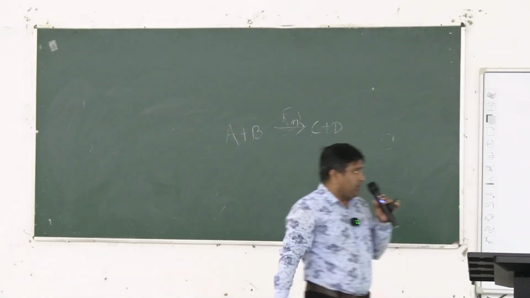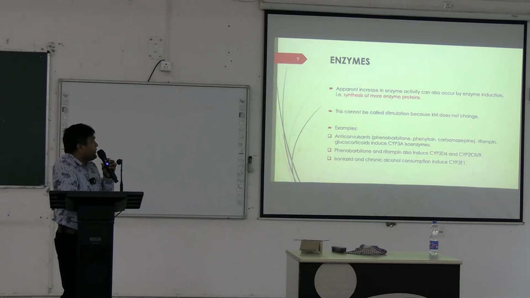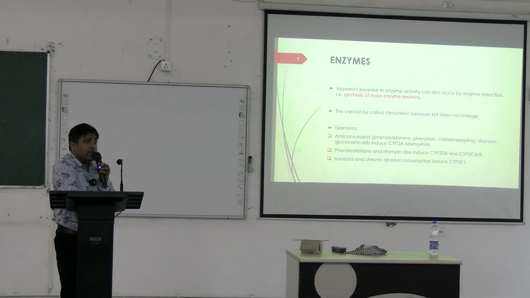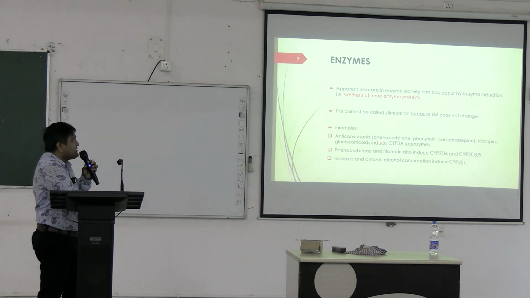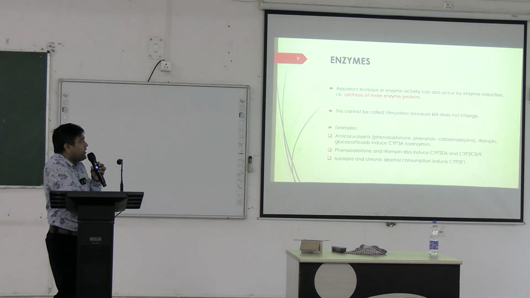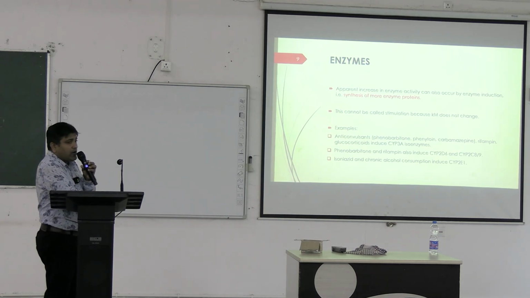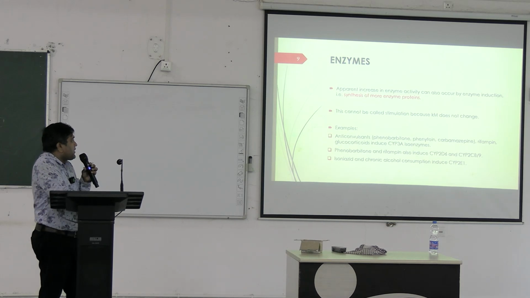Here the Km is not changing, because the enzyme protein synthesis is increased, but it is not altering the reaction itself. Examples: anticonvulsants like phenobarbital, phenytoin, carbamazepine, rifampin, and glucocorticoids induce CYP3A enzymes.